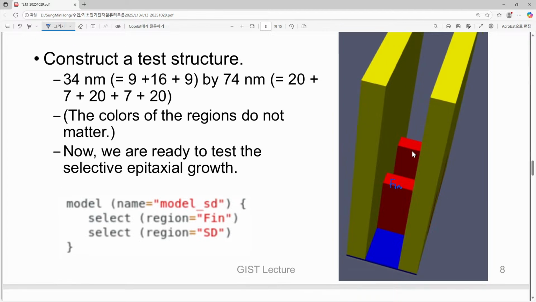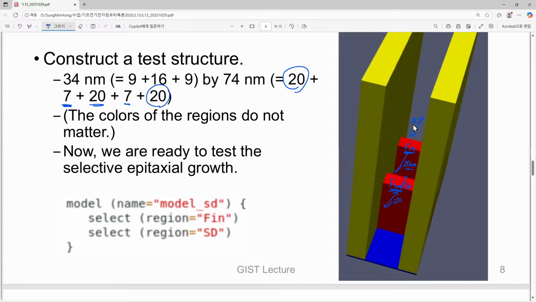Here we have two fins. This is a fin, and this is another fin, and their separation is of course 20 nanometer, and the fin width is 7 nanometer. Once again, in order to consider other fins surrounding these two fins, we have another 20 and another 20 in this direction.